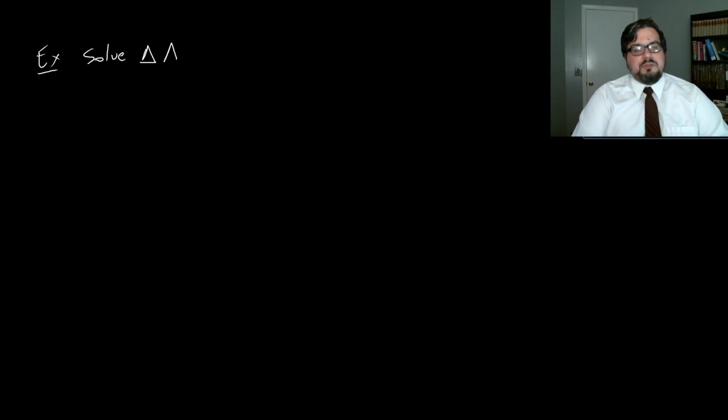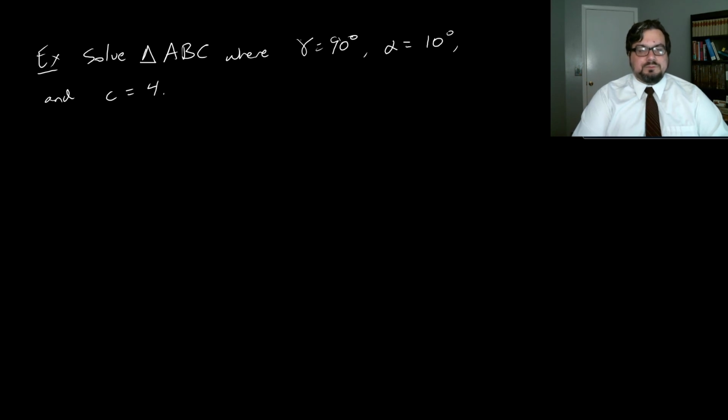So let's solve the triangle ABC, where gamma is 90 degrees, alpha is 10 degrees, and C is 4. So once again, we want to sketch out our problem.